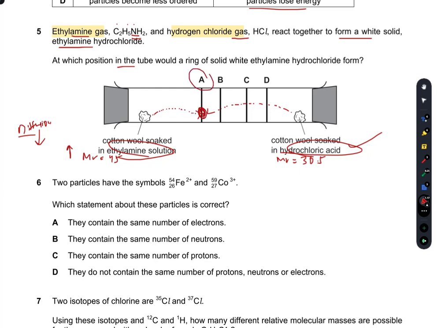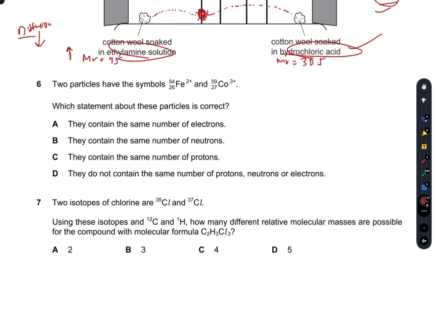So A is true. It would not be option B because both do not have the same Mr. B is also incorrect. C and D are also incorrect because C and D mean that ethylamine has a lower Mr, whereas it has greater than HCl. So C and D are also incorrect. A is our right option.